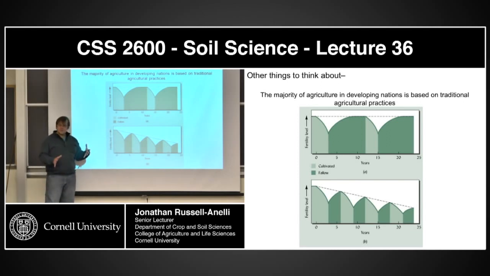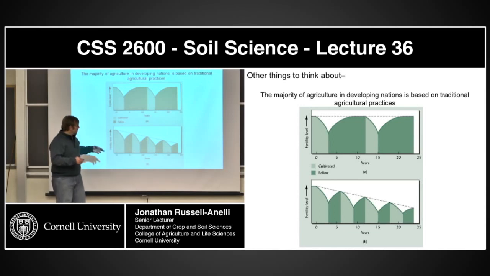Does everybody know what swidden technology is? Swidden is slash and burn, where you would cut the forest down and burn it to get the fertility of the burned material into the soil. Then you'd farm that land for a little bit, and then abandon it, let the natural forest take over again and bring the fertility back up, and then come back in and cut it again. That fallow period was the period where you would abandon the land.